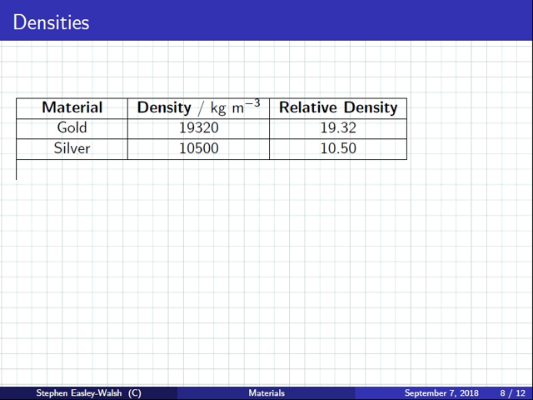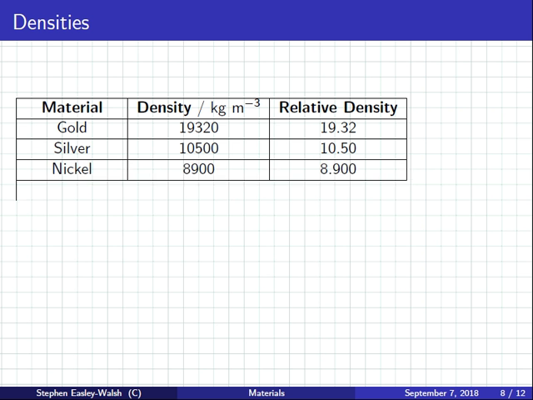Gold is nearly twice as dense as silver. Silver's kind of softer compared to gold, and it's cheaper too.